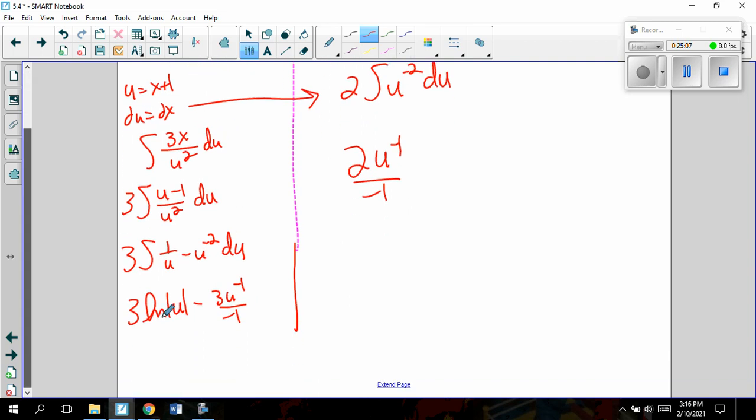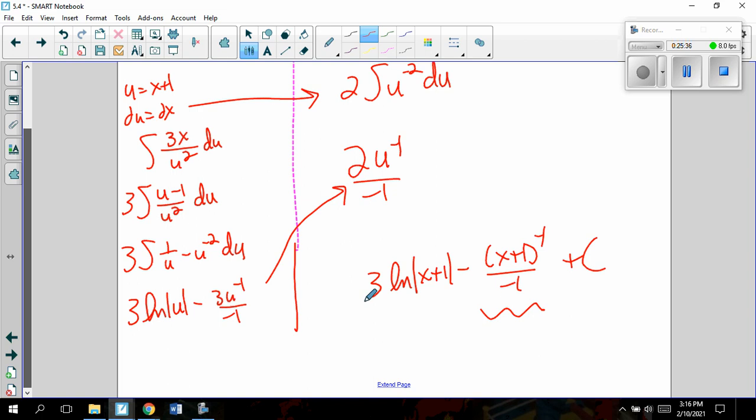And then combining here, my final answer would be 3 ln, putting x back in, x plus 1, minus. Now if you notice these two, we were supposed to have minus 1 of them, and you do because you have negative 3 plus 2 more. And so there's where this x plus 1 to the negative first over negative 1 comes from.